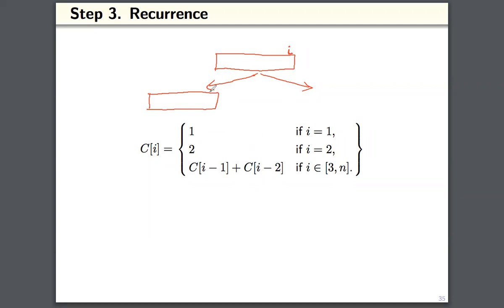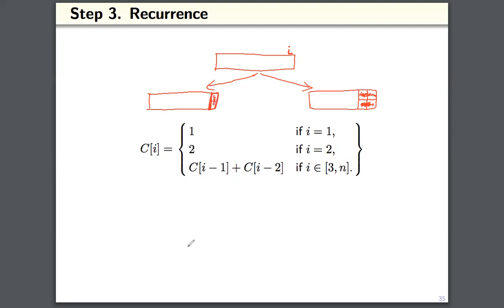See, you can tile it this way, or you can tile it using two 1x2 tiles. This is one tile, this is one tile, or this is one single tile.